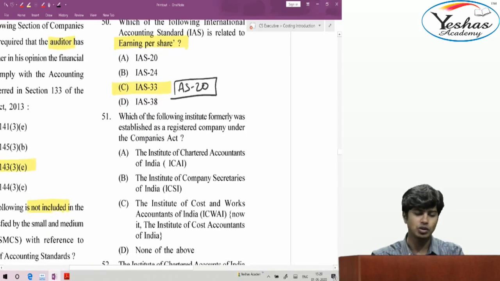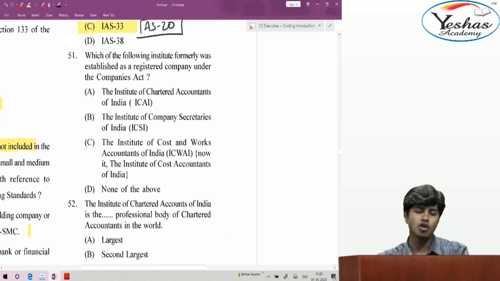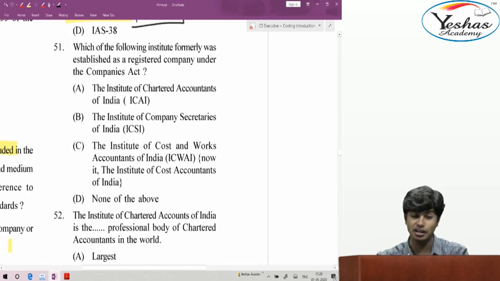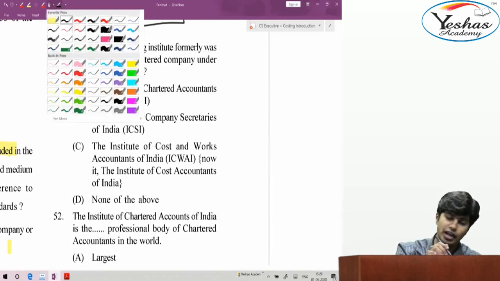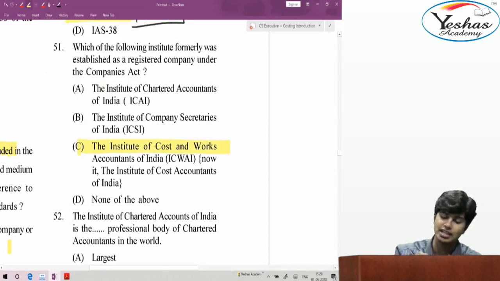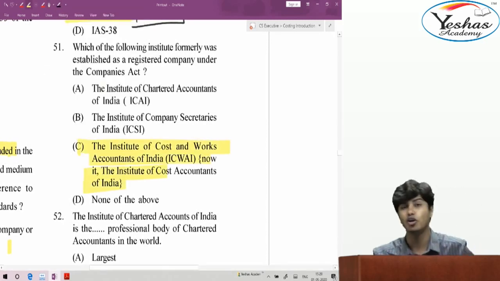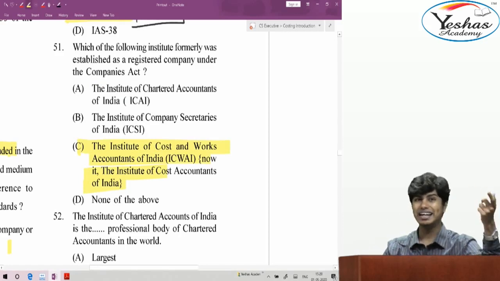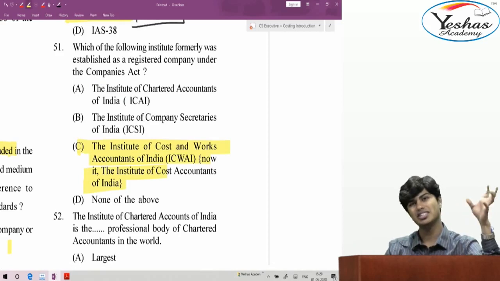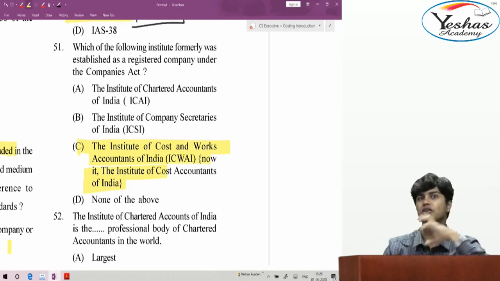Come on. Next one. Which of the following institutes was formerly established as a registered company under the Companies Act? This is with respect to ICWAI, the Institute of Cost and Works Accountants of India, which was initially registered as a company under the Companies Act 1913, before the Companies Act 1956 came into the picture. Later, in 1959, they treated it as a separate statutory organization.